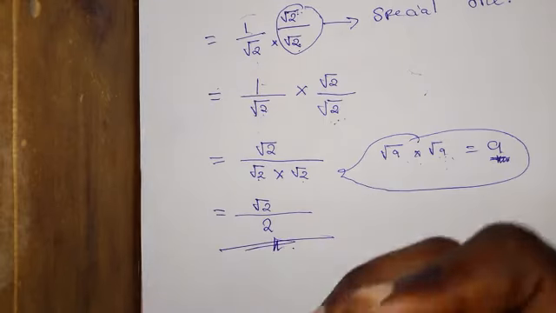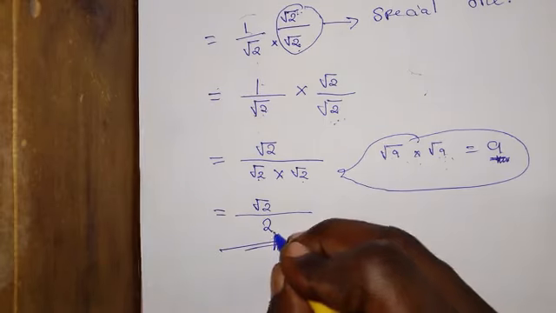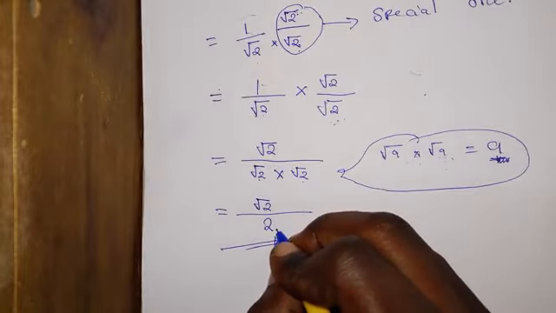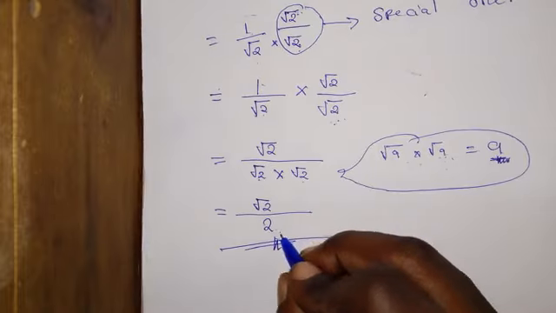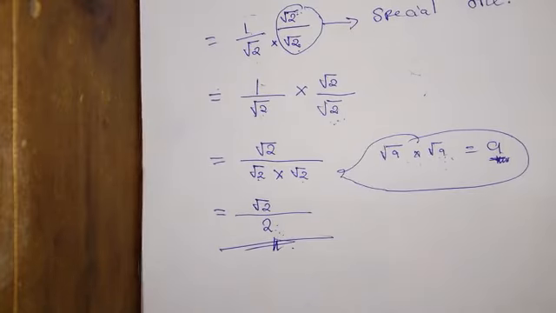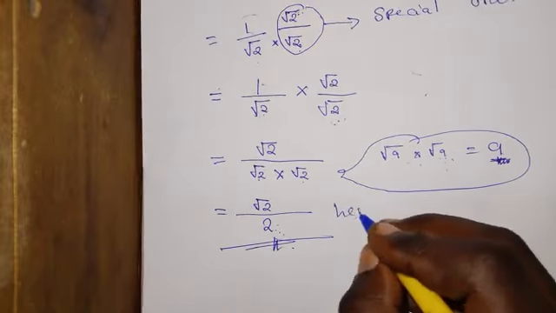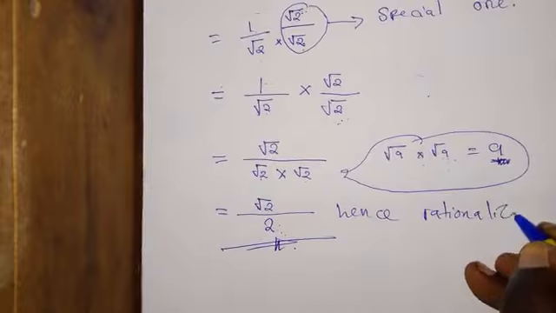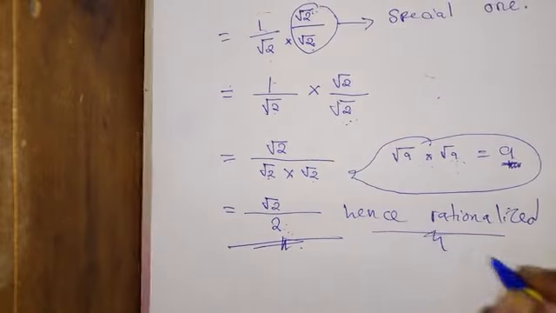Remember, we are rationalizing the denominator, meaning that we are making the denominator free from a radical. Hence, the denominator is free from a radical. This means that our expression is what? Rationalized.